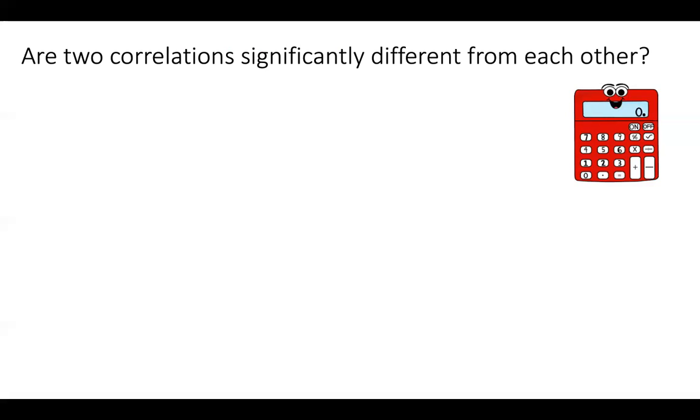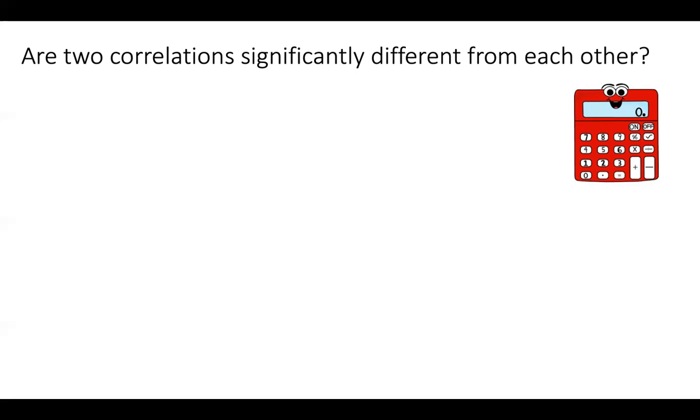In many cases, and you read that a lot in papers and articles, people are interpreting different correlation coefficients, for example for men versus women, or for different experimental conditions, right?